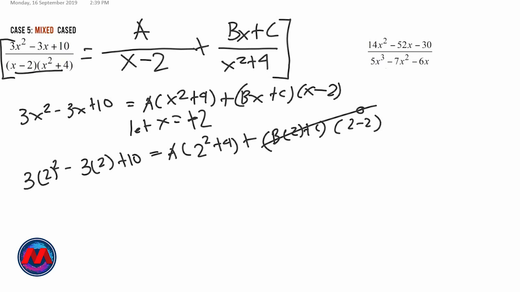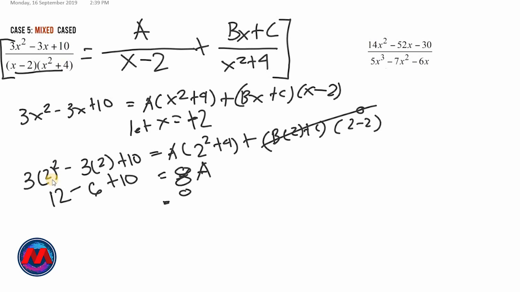So, we're left here, makukuha natin ang value ng A. So, 2 times 2 squared is 4, plus 4 is 8. So, this is 8A. Dito, 2 squared is 4, times 3 is equal to 12, minus 3 times 2 is 6, plus 10.